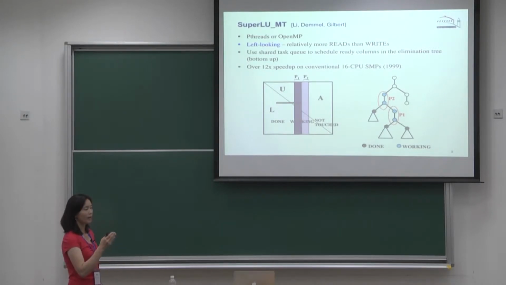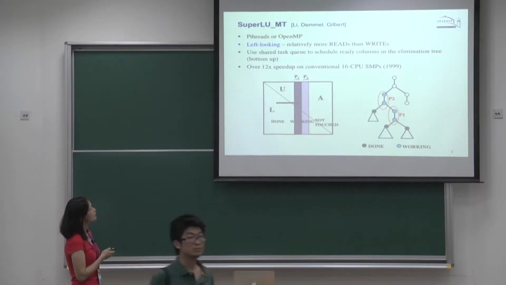And in this case we have shared memory, so you can think in OpenMP terms: every thread will come to this task queue to pick up a free task, which means picking up one panel to do the factorization. As I mentioned last time, one thread is doing the factorization of this panel, another thread is doing the factorization of that panel.